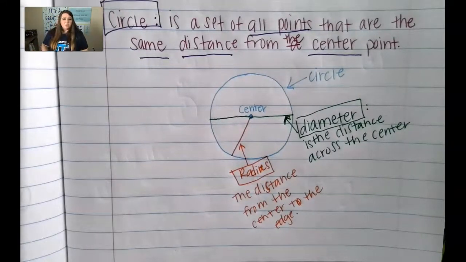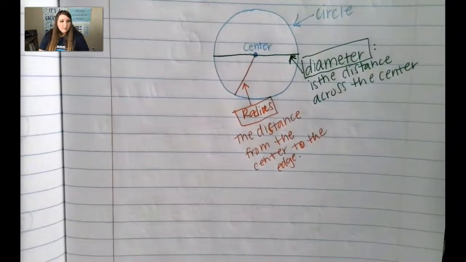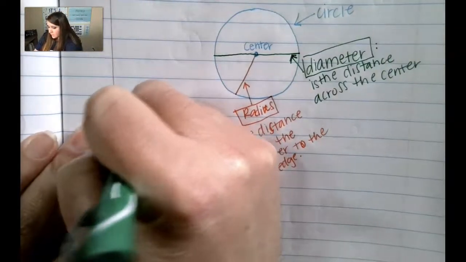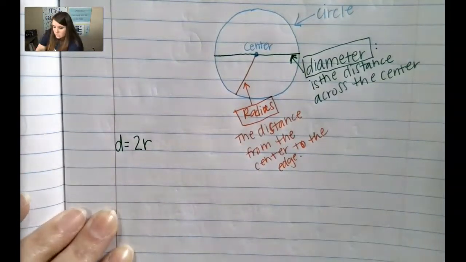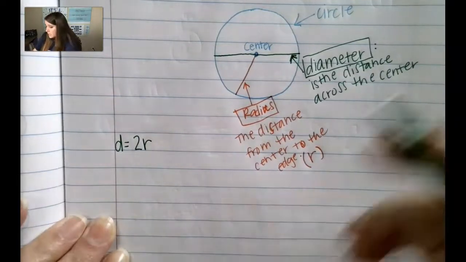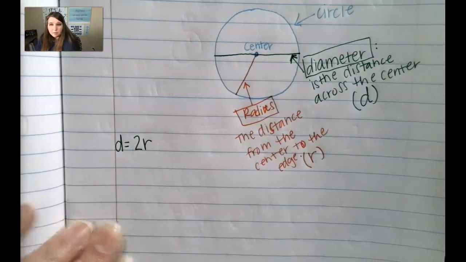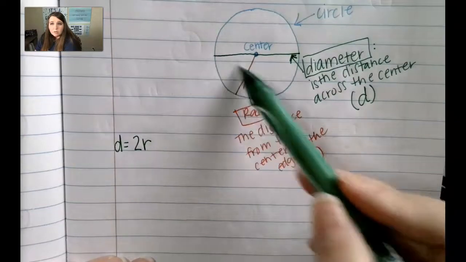A couple of things that you should know about these. The diameter of a circle is twice the radius. So diameter equals 2 times the radius. We use R for radius. We use D for diameter. So 2 radii equal a diameter.